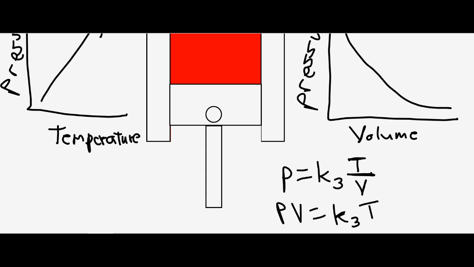A lot of the problems then will tell you, hopefully once you write this equation, that if the volume is this, the temperature is this, the pressure is this, they will want you to plug those numbers into this equation and actually find the constant. That's the only other thing you might have to do. But hopefully this gives you an idea what direct and indirect variation are, and how to tell the difference.